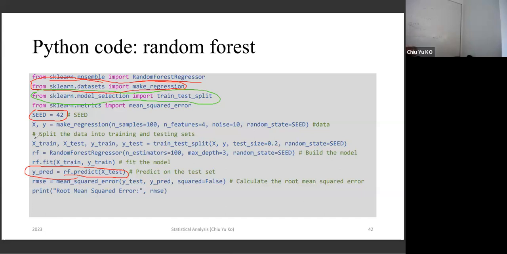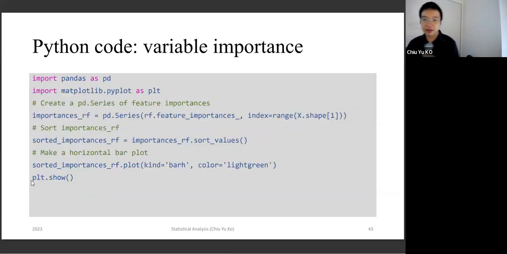But how should we understand this? There is one thing, as I said, called variable importance. You can do this for the regression tree, the same thing. I use pandas, just to get the data, and then I use pyplot, a two-dimensional plot.